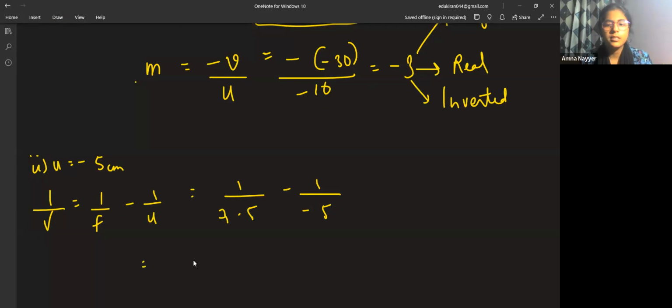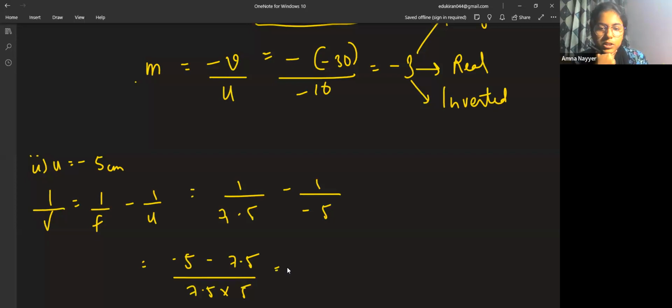Let me check. Okay, minus 5 minus this we are getting minus 7.5. Here we are having 7.5 into 5 is there. So 7.5 is there, 5, 3. So 15 into 1. So 1 by 15, right?